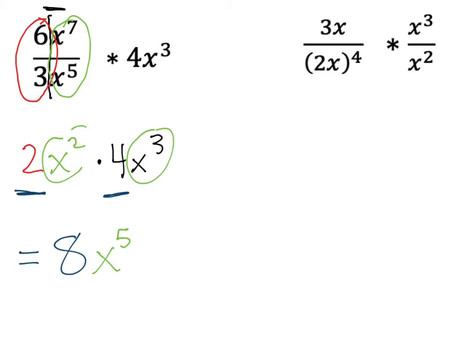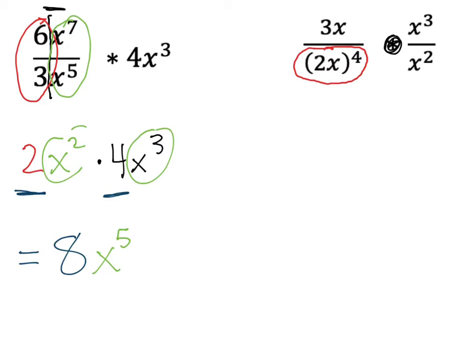Let's tackle this problem on the top right now. So before we try to multiply these together, let's simplify each fraction separately. In the denominator of this fraction, we have an exponent outside of parentheses, so we should distribute that to both of the terms inside the parentheses.